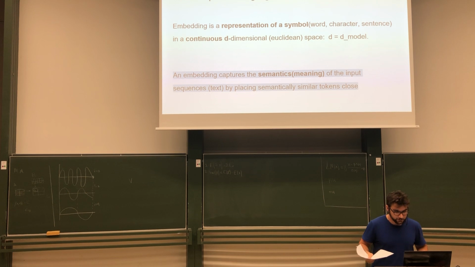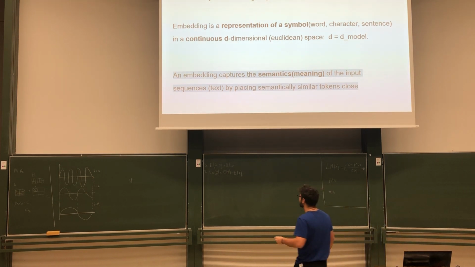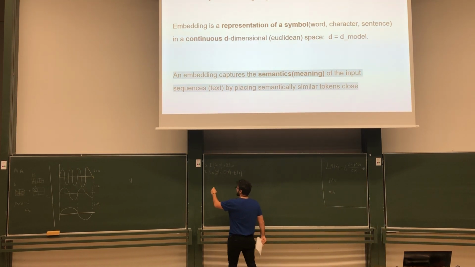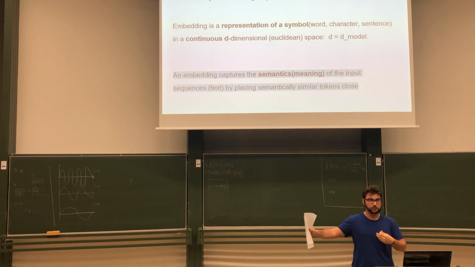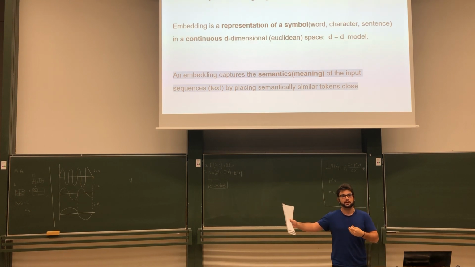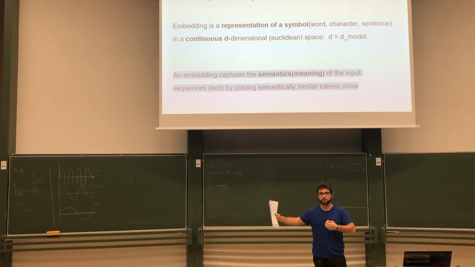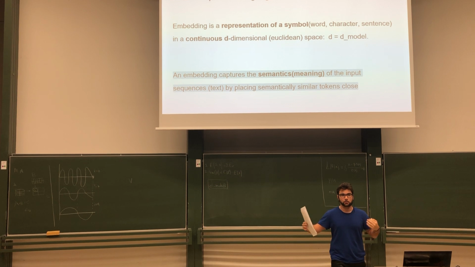For today's lecture, we will use d_model for this purpose, because this is the symbol that they use in the transformer paper. For example, if I map each word in a 512-dimensional space, this is d_model.